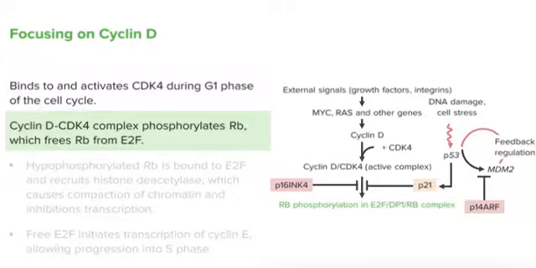This complex will do what? It will prevent the cell from going from G1 to S phase, and in the meantime, P53 will be busy making sure that it recruits the enzymes to bring about apoptosis. Is that understood?